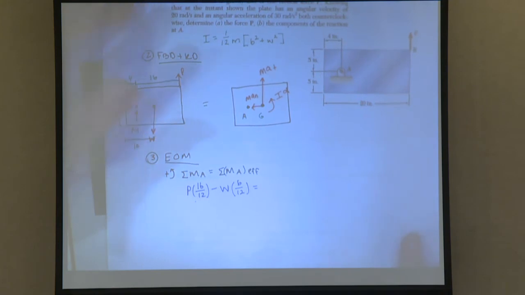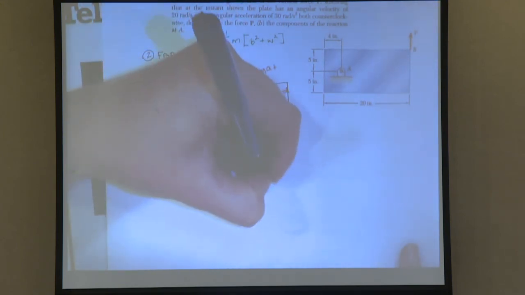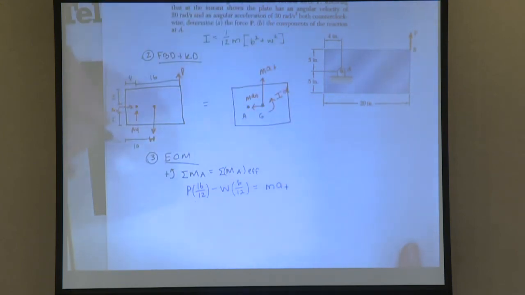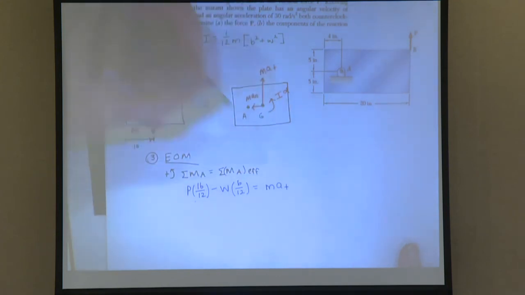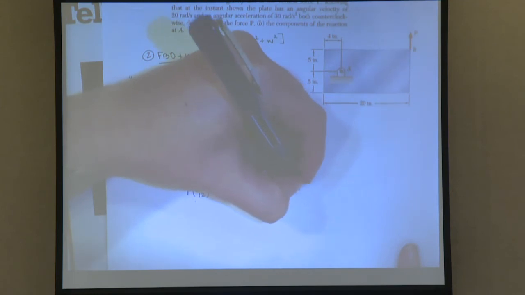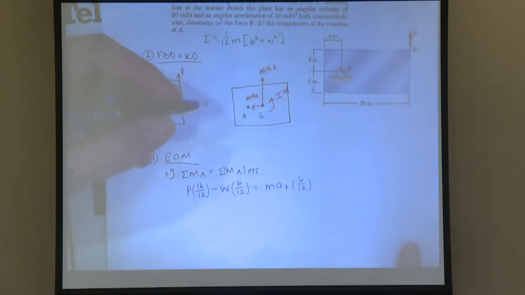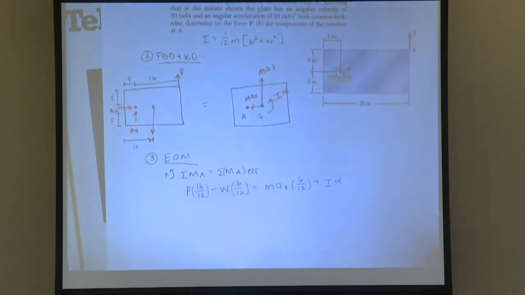Then we set this equal to our kinetic diagram. M A_N is going towards A, so it's 0. Then we have M A_T times 6 over 12, and that is positive, plus I alpha.